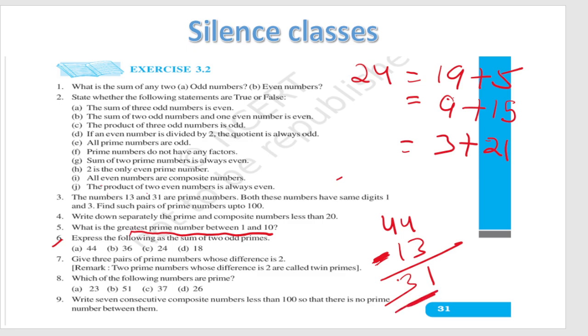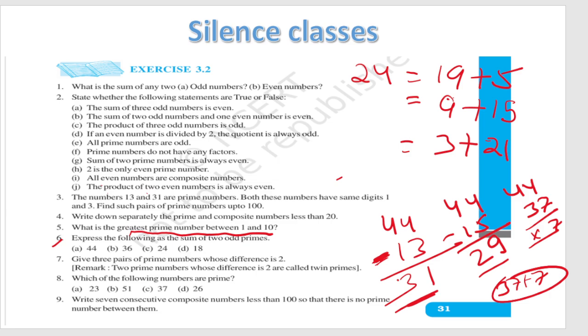If I subtract 29 from 44 it is 15, so 29 plus 15. And 44 minus 37, then also I will get 7, so 37 plus 7 I'll get 44.